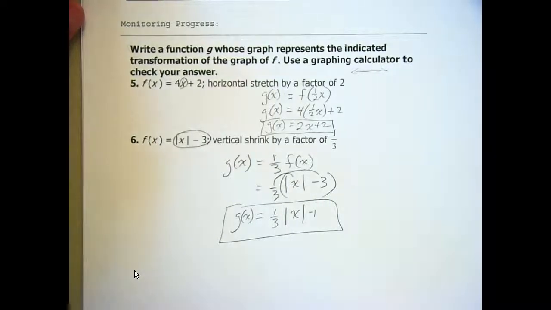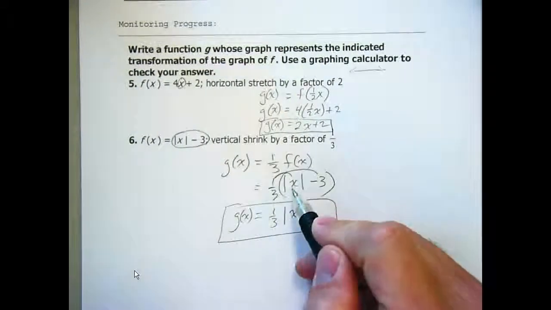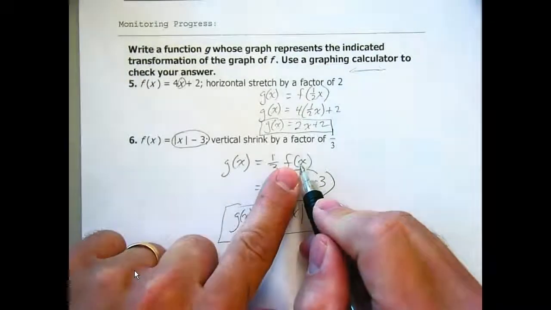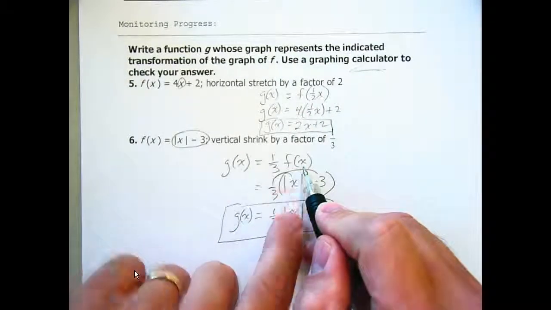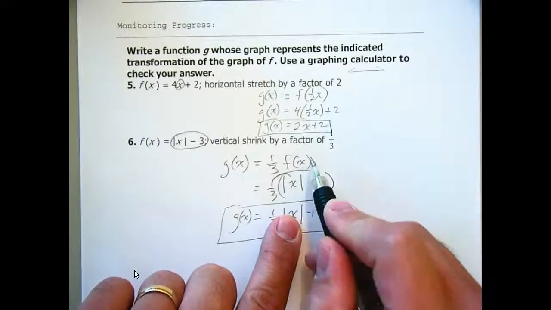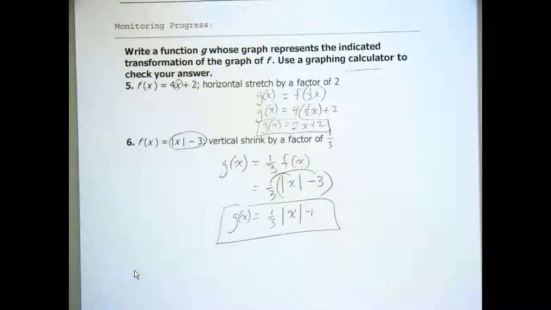Now, you were wondering, does the fraction always stay outside of the absolute value bar? Yeah, you don't drop it in, because then you'd be dealing with the 1/3 inside, in your input area. Good question.